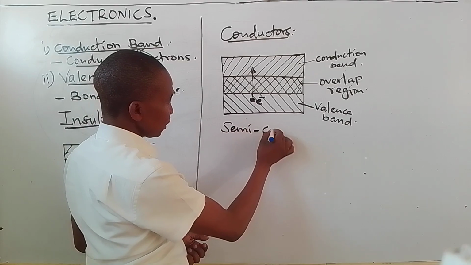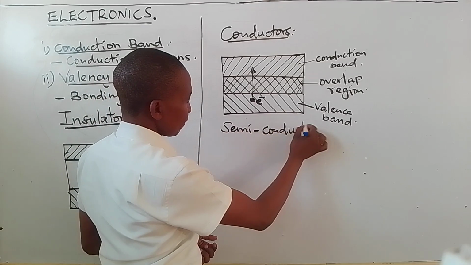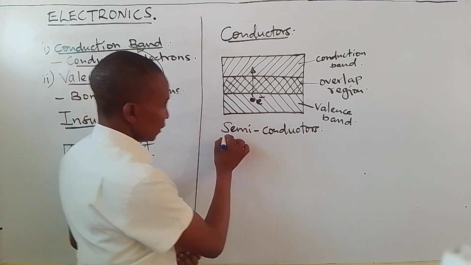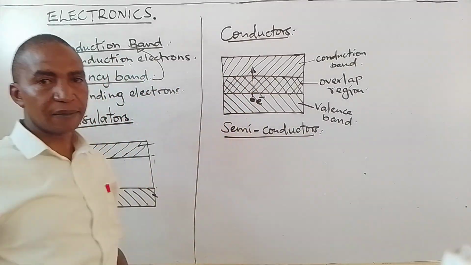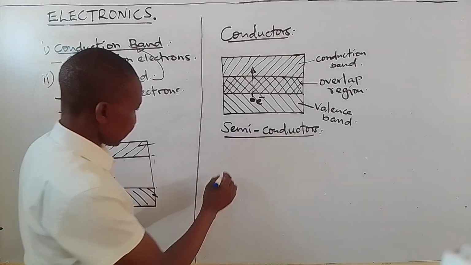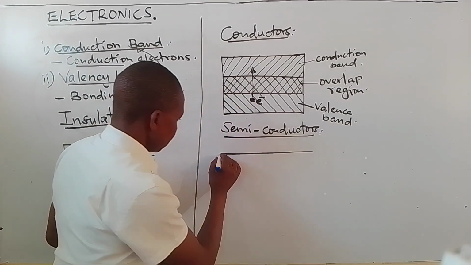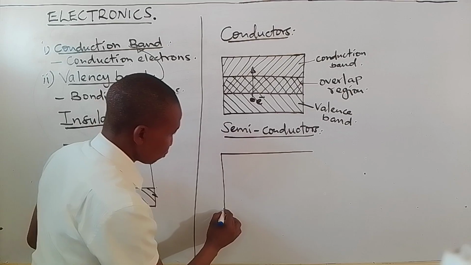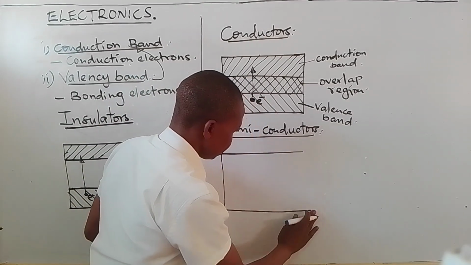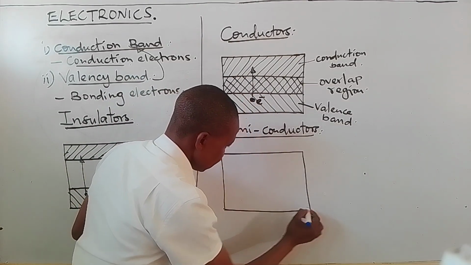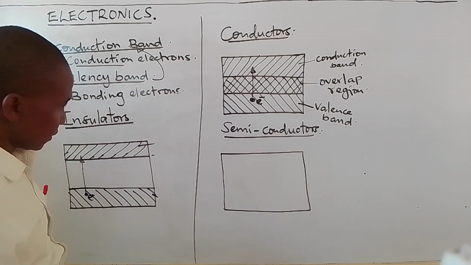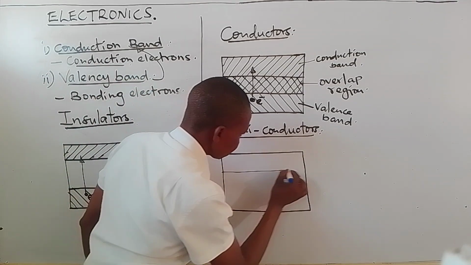Then let's now come to semiconductors. In a semiconductor material, the configuration of the bands will just be the same as that in insulators, but with only one difference.